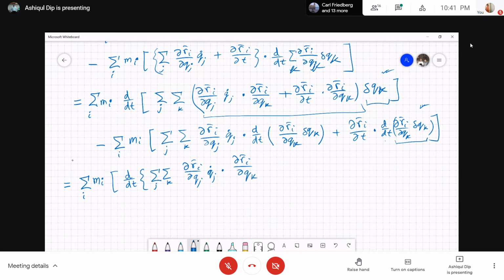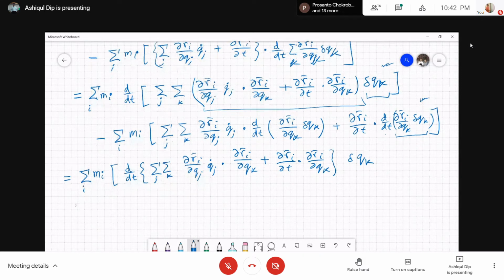This is one part, and another is plus delta r_i by delta t dot delta r_i by delta q_k. This is one part, d/dt of this thing multiplied by variation q_k. This is one part, and another is plus we are expanding this thing in product rule.